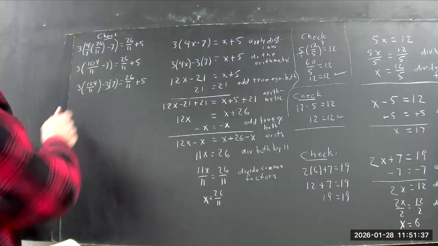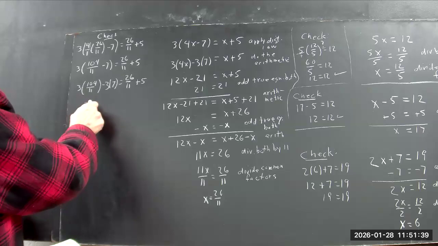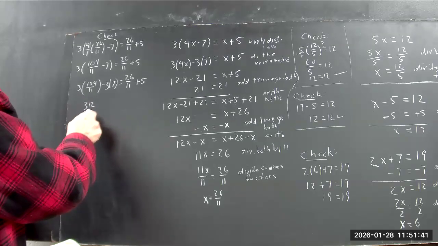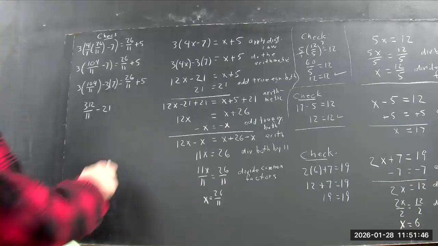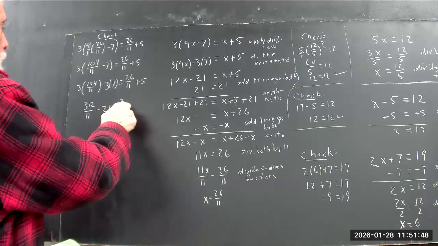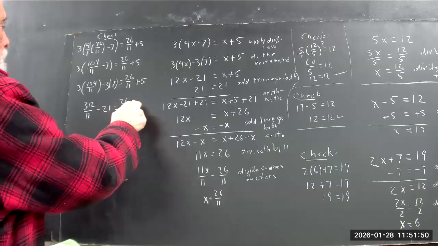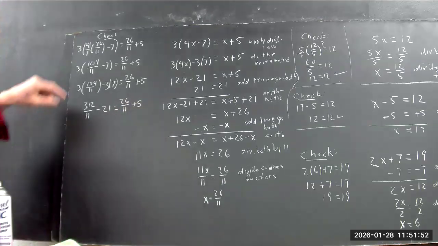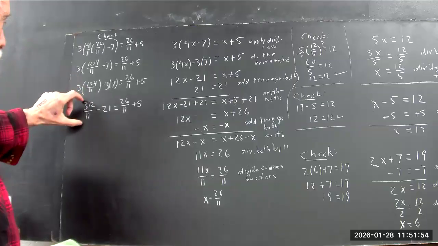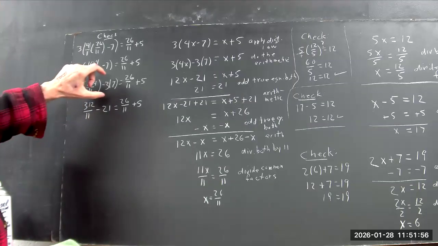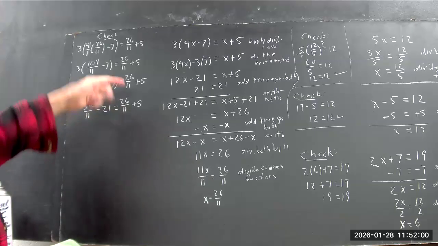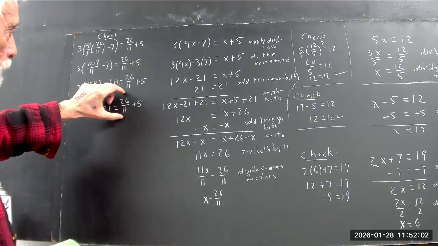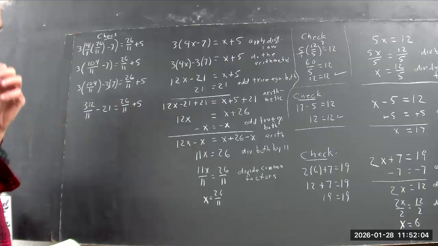Now, 3 times 104 over 11 is 312 over 11. And I hope I'm getting my arithmetic right, because if I'm not, this thing isn't going to work out. So the 3 times 104 over 11 gives us 312 over 11 minus 3 times 7 is minus 21, and that's equal to what we had before, 26 over 11 plus 5.